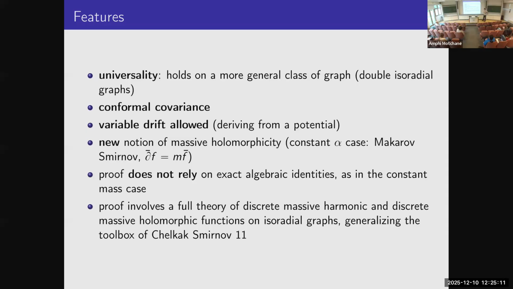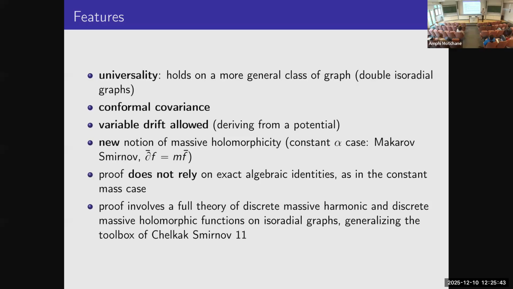And finally, a few words on the proof. The proof involves a full theory of discrete massive harmonic and discrete massive holomorphic functions. I think many of you know the theory of holomorphic functions and what tools you have to study them in the continuum. There is a similar theory for discrete harmonic and discrete holomorphic functions, which was very well developed by Chelkak and Smirnov.